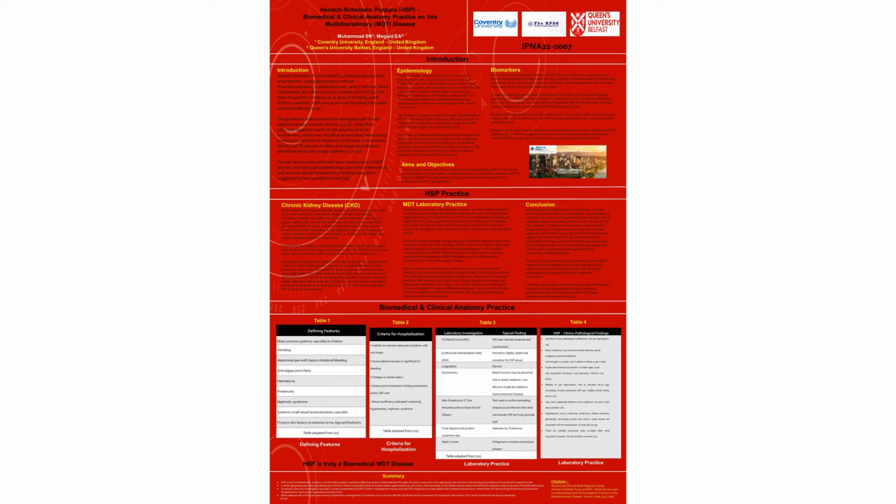Table 3 is the remit around the laboratory investigation, the types of laboratory investigation, and the typical findings. So full blood count, for example, may indicate anemia and leukocytosis. There's an investigation called the erythrocyte sedimentation rate, which is normally normal or slightly raised.